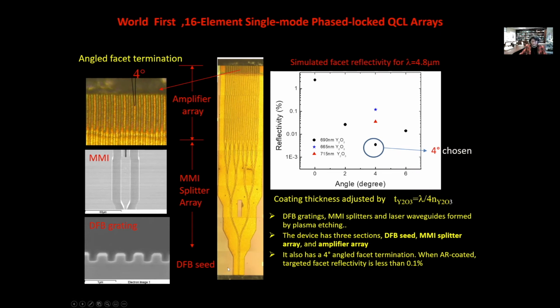We have the DFB section, we have the MMI splitter, that is 2 to 4, 4 to 8, and 8 to 16, and at the same time we have AR coating with the angled facet termination in order to eliminate any reflectivity. Here we have reflectivity as a function of angle for this 4.8 micron laser with the anti-reflecting coating using yttrium oxide, and as we can see with the 4 degree angled facet, the reflectivity is less than 0.1%.